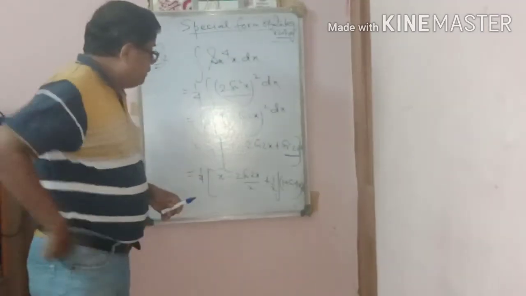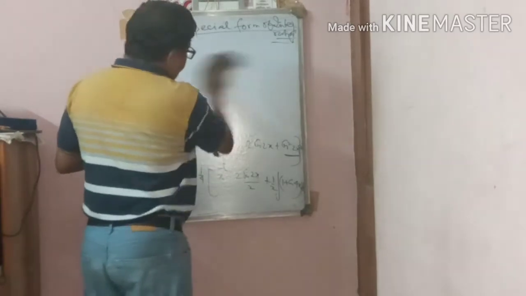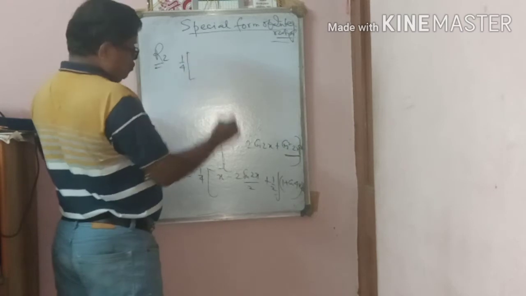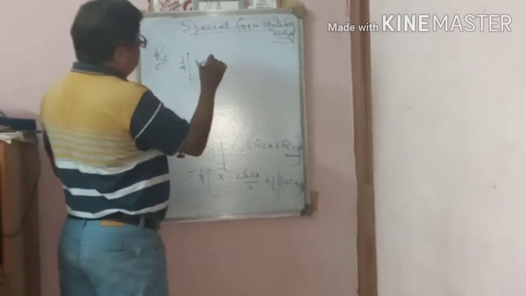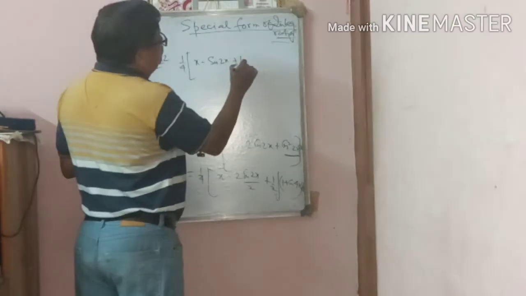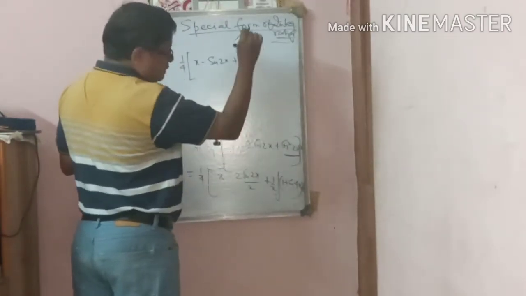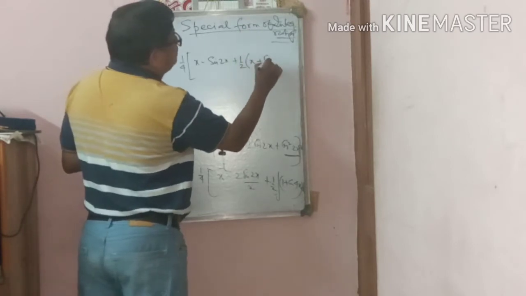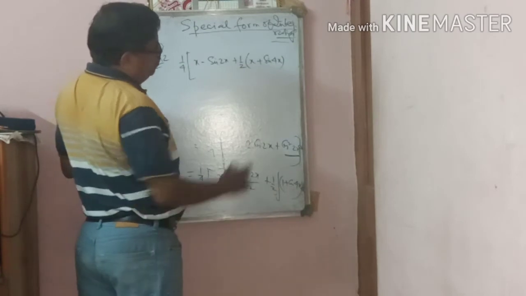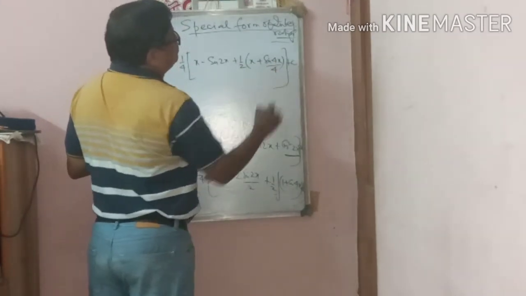So this part will be 1/4 into x minus sin 2x plus 1 by 2, 1 will be x plus sin 4x by 4, plus c. This is the answer.